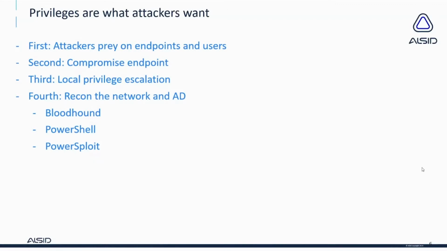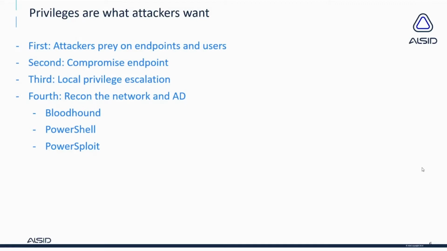Once the attacker has local privileges over an endpoint, this is really where things start to move quickly. Because once I have privileges over an endpoint, now I can drop payload on that endpoint, right? It could be a tool like BloodHound, which is a recon tool. Of course, I can drop PowerShell scripts and cmdlets. I can use tools like PowerSploit.